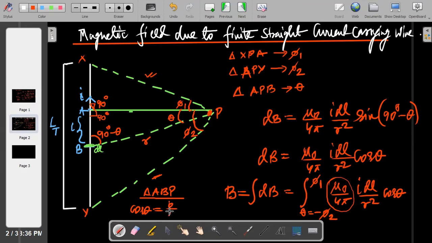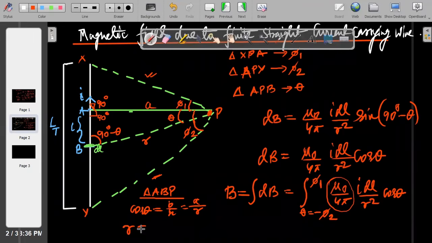Base is nothing but A, this length we are taking as A. So this will be A by hypotenuse, A by R. So cos theta we are getting in terms of A by R. Now R is nothing but A by cos theta, or you can write A sec theta. So we got the expression of R in terms of theta.